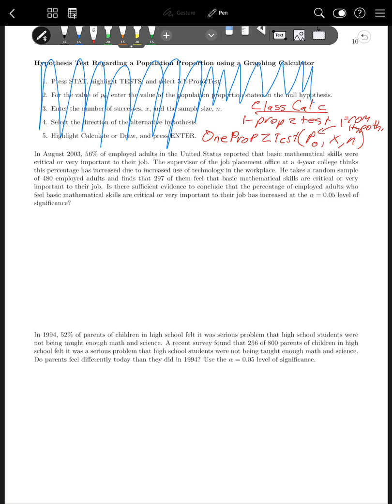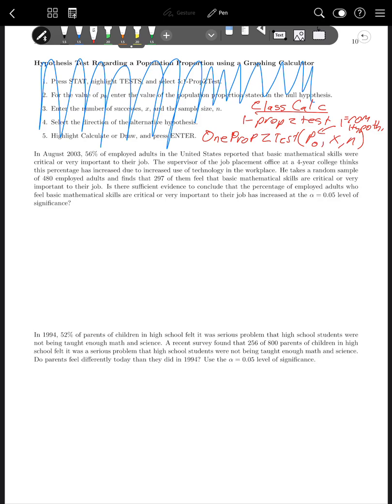He takes a random sample of 480 employed adults and finds that 297 of them feel that basic math skills are critical or very important to their job. Is there sufficient evidence to conclude that the percentage of employed adults who feel basic mathematical skills are critical or very important to their job has increased at the alpha equals 0.05 level of significance?